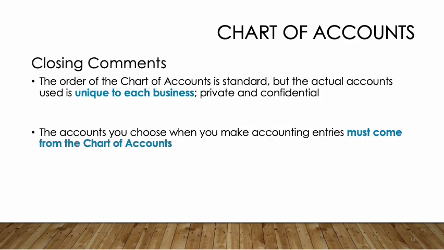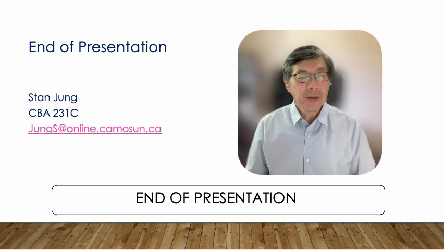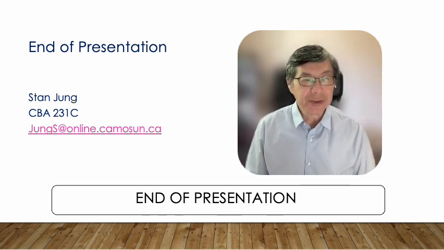Finally then, just to summarize, the order of the chart of accounts is standard, but the actual accounts are unique to each business and it is private and confidential. And also, the accounts you choose when you make journal entries into your accounting system must come from your chart of accounts.